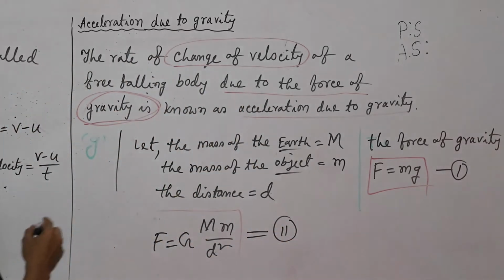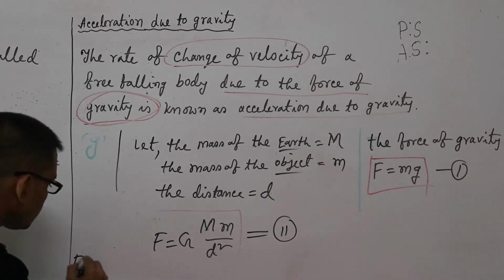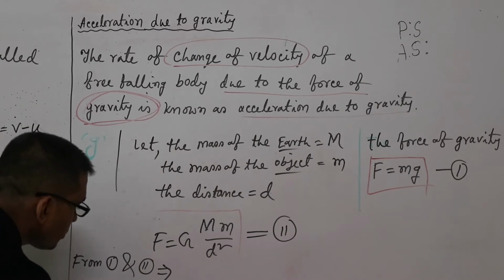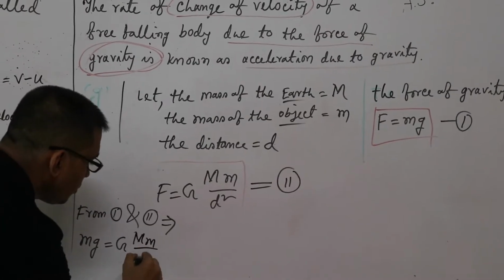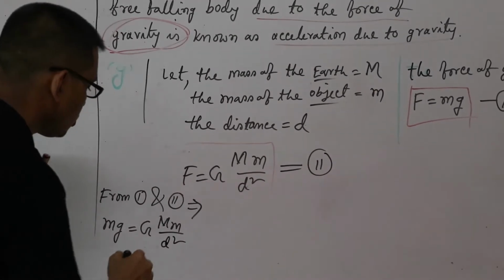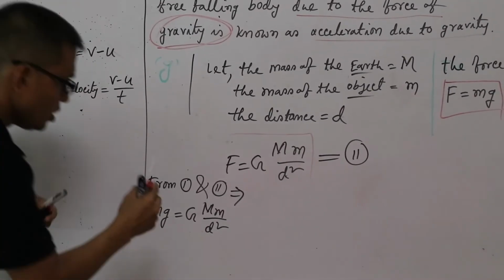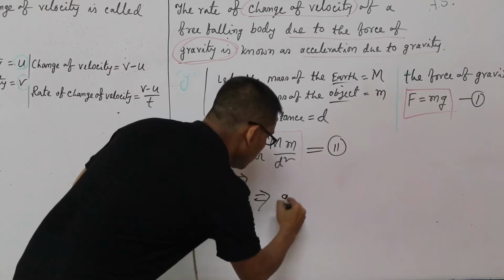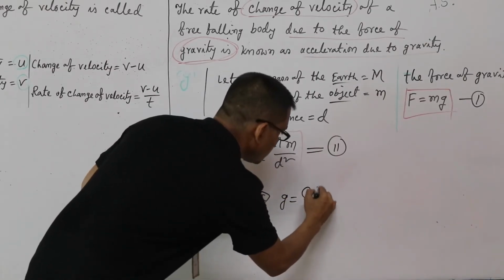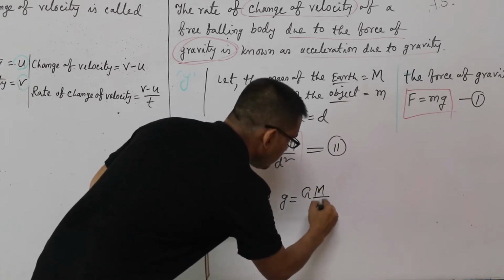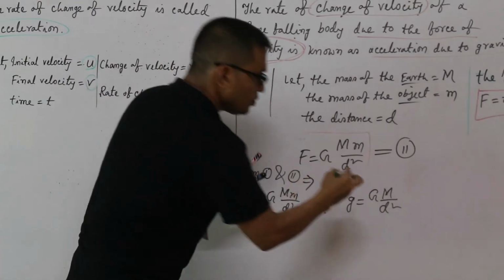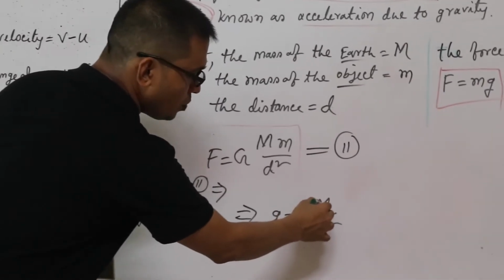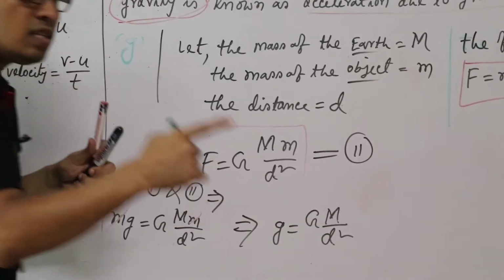From 1 and 2 we can write mg equal G M m by d square. Eliminate m from both sides. g equal G M by d square. Here G is the universal gravitational constant, M is the mass of earth, and d is the distance between the object and the earth.